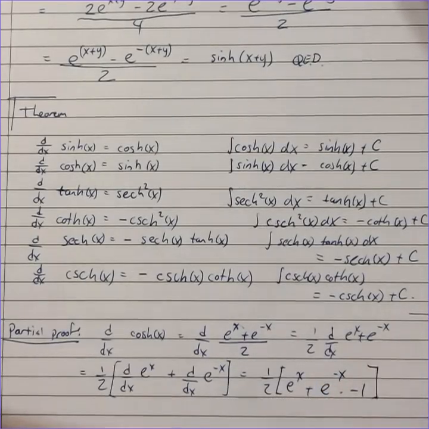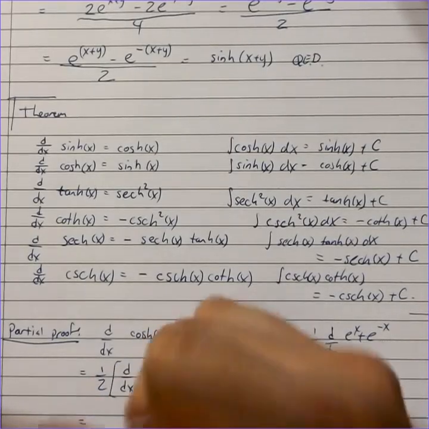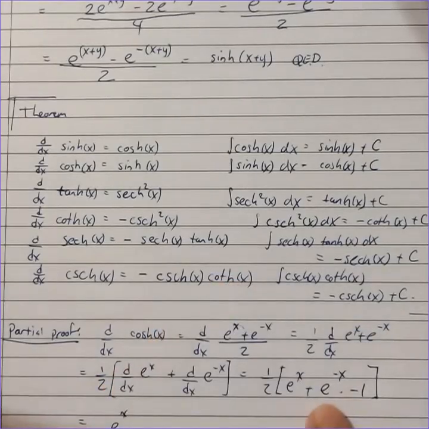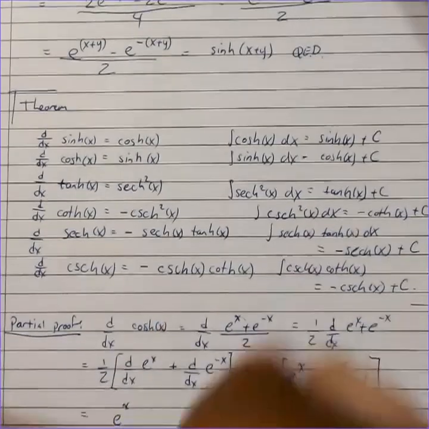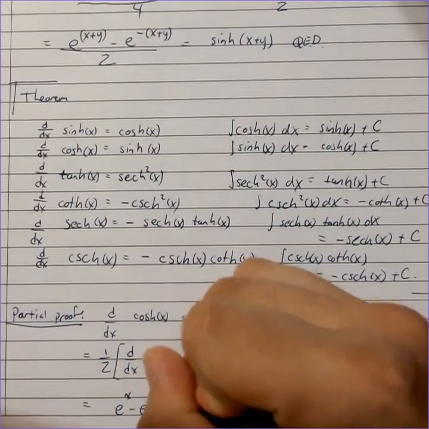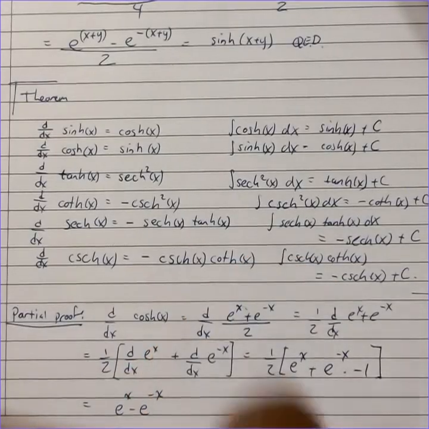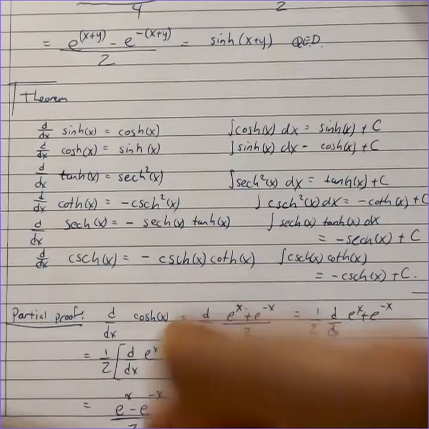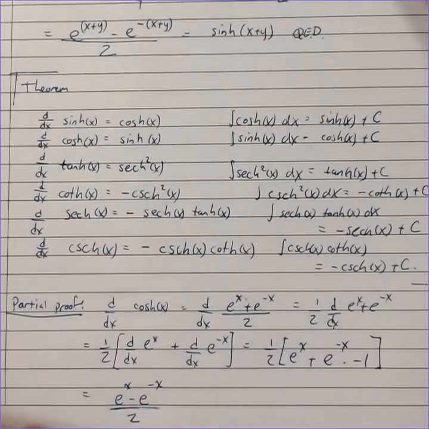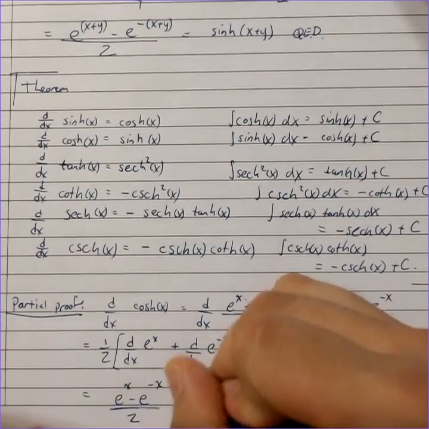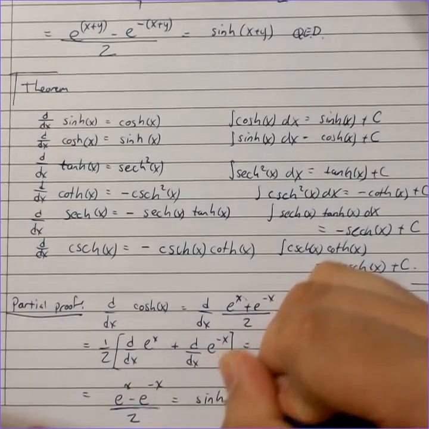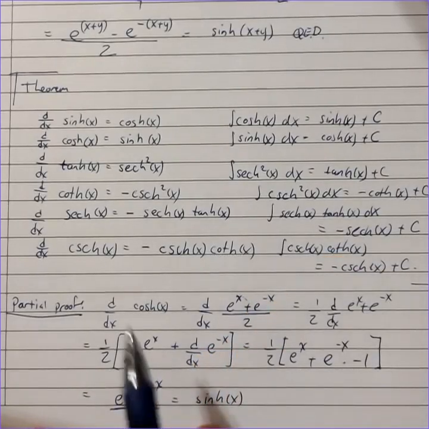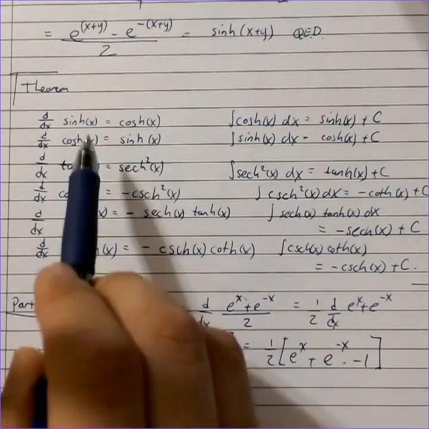So putting that together, that's going to be e to the x, that's now negative, so we can just write that as minus e to the minus x. And then everything's being divided by 2. Oh, but by definition, that is the hyperbolic sine of x. So here that's going to be the sinh of x, which confirms that the derivative of cosh is sinh. Derivative of cosh is sinh.